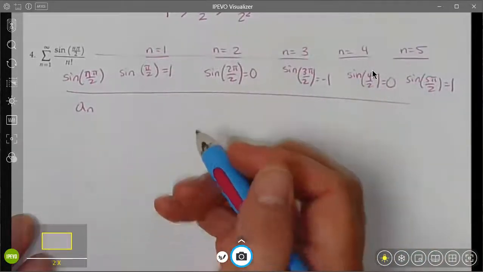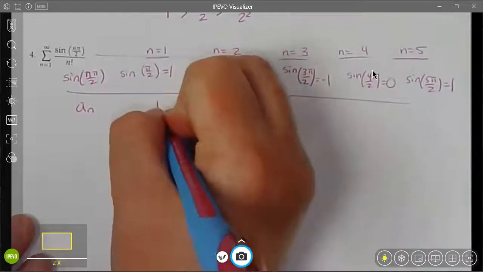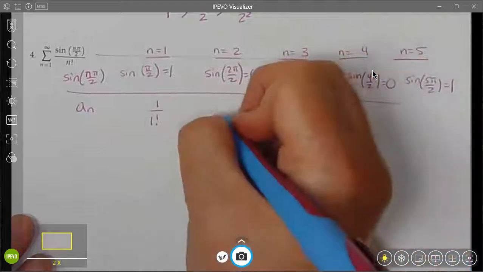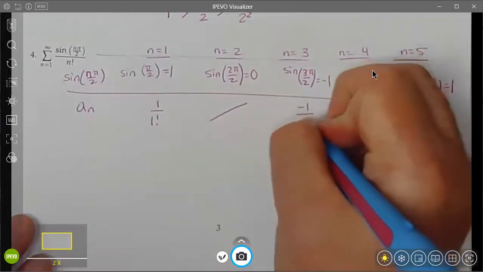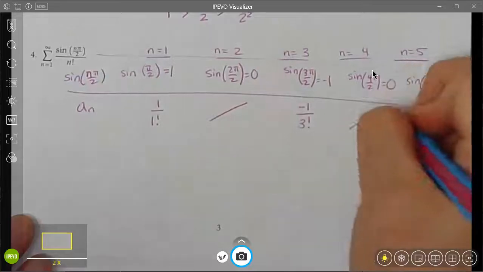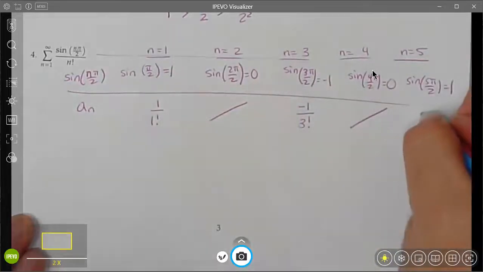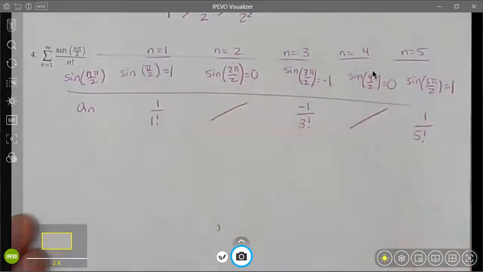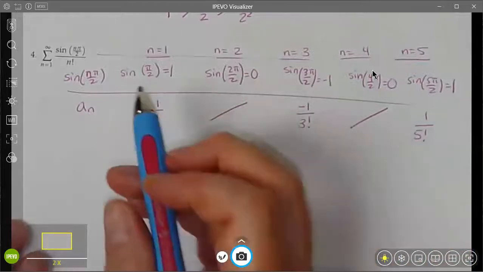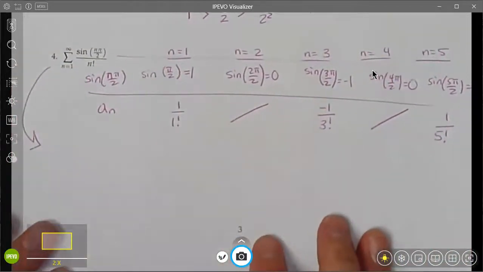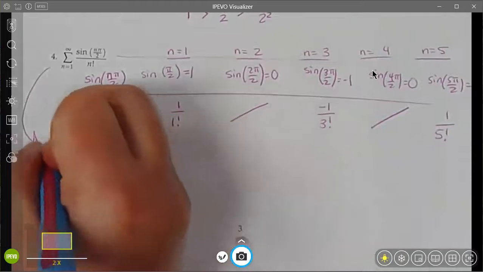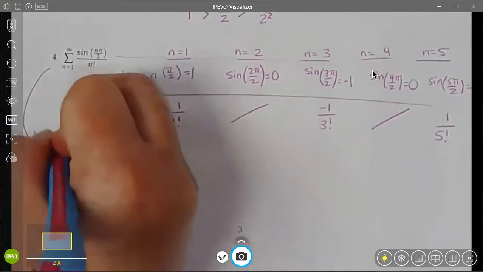And our terms are going to look like 1 over 1 factorial. This term doesn't exist since the numerator is 0. This will be negative 1 over 3 factorial. The fourth term doesn't exist. This one will be a positive 1 over 5 factorial. So I can rewrite this series as the sum, n equals 1 to infinity.